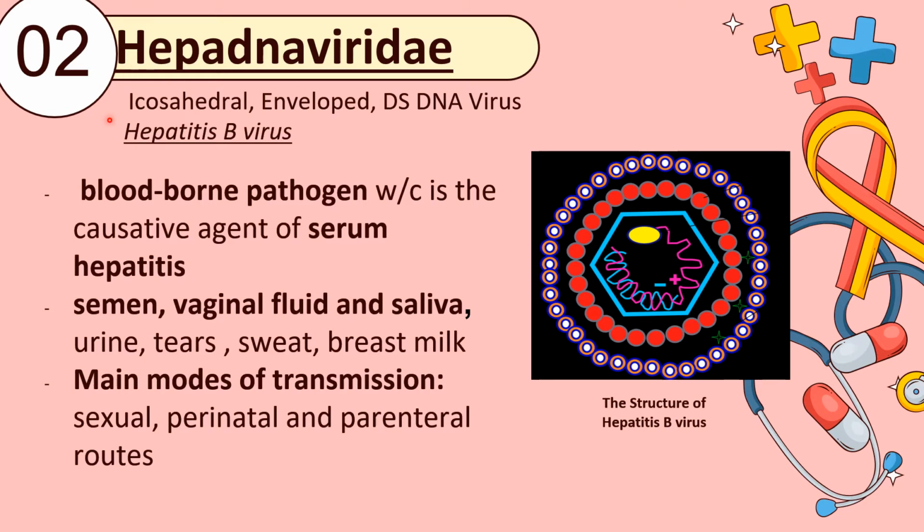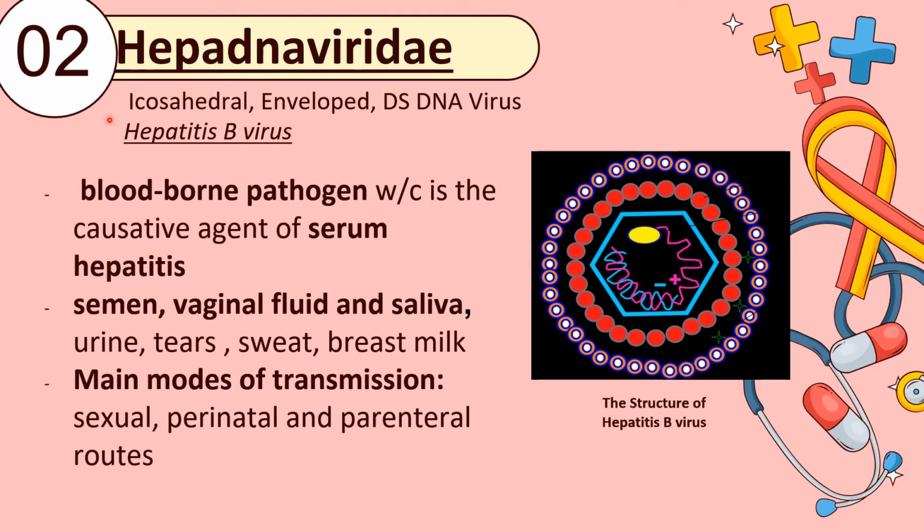Now, hepatitis B virus is a blood-borne pathogen, meaning it is transmitted via blood, and is the causative agent of your serum hepatitis. Serum hepatitis is a systemic disease, which is primarily affecting your liver.